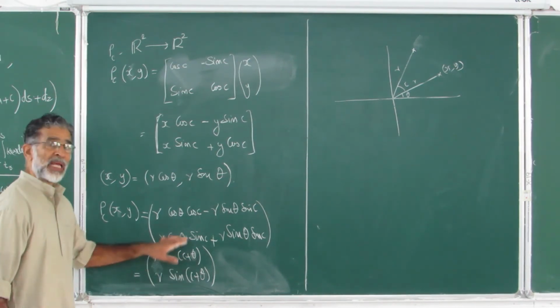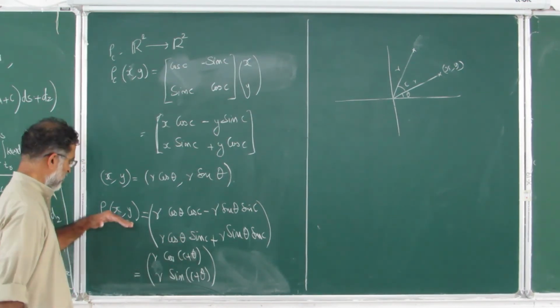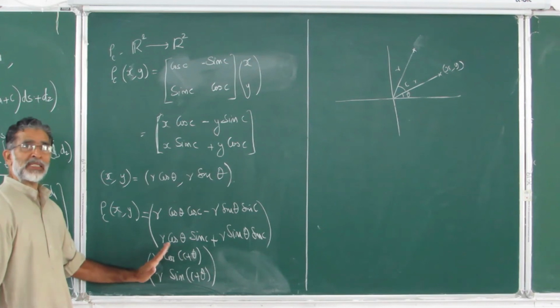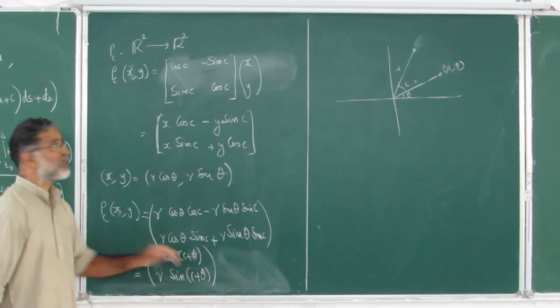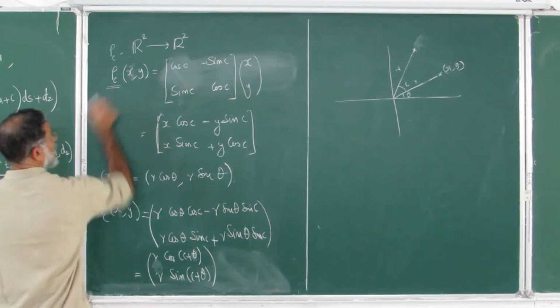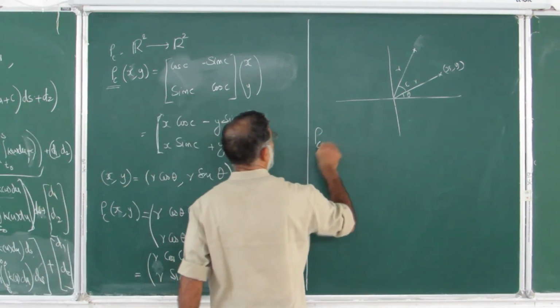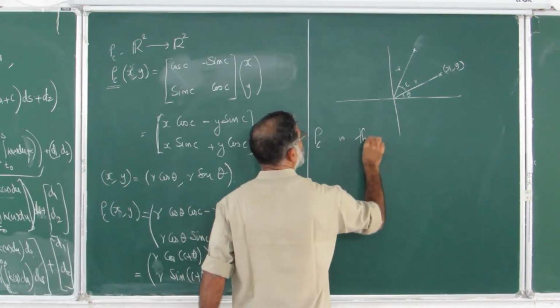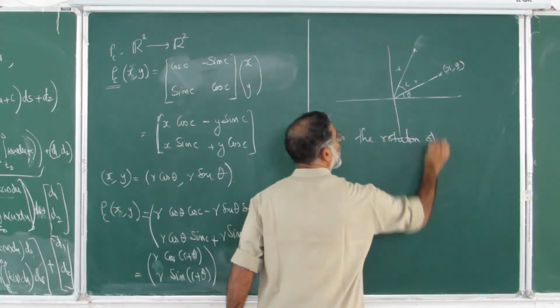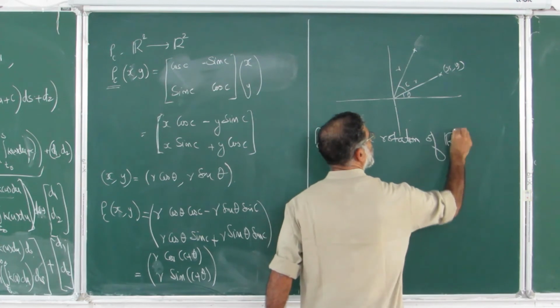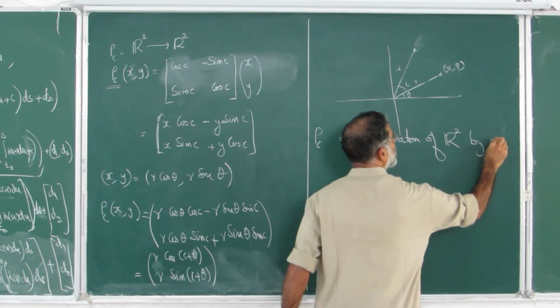Theta is arbitrary, c is fixed. So what this map does is rotate the plane by an angle c. So that's rho c, the rotation of R2 by an angle c.